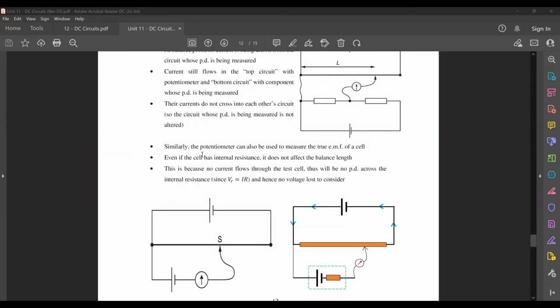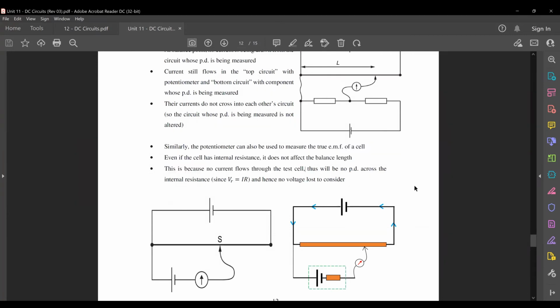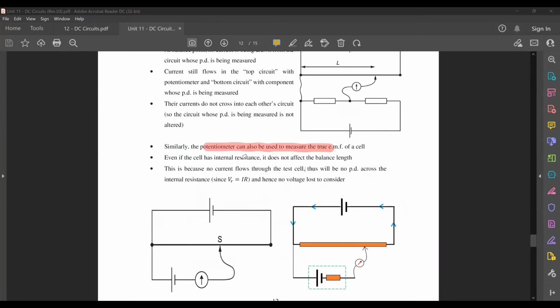Okay. Now, even if your cell has internal resistance, it does not affect the balance line. Okay. What I mean by that is that, say for example, this one was 12 volts. This one is say maybe 4.5 volts.